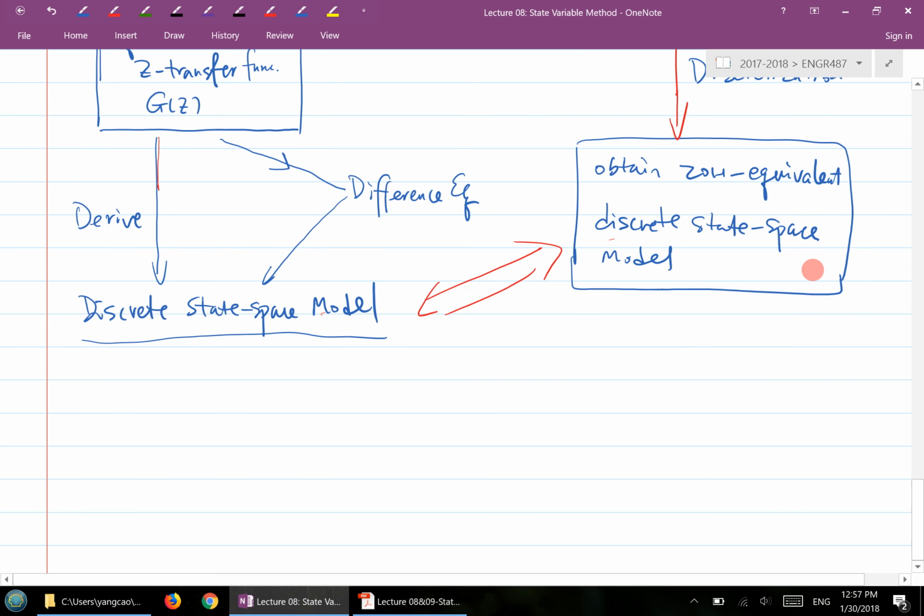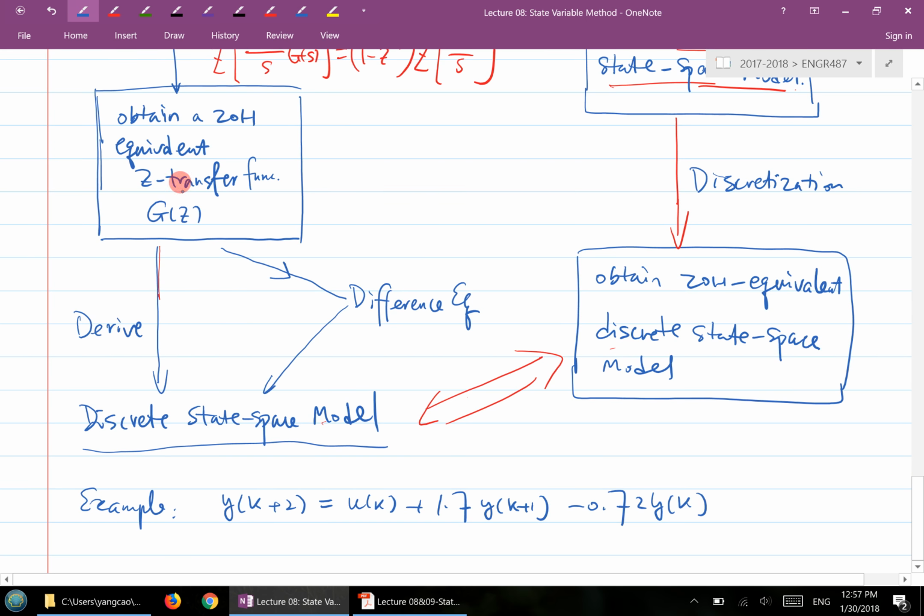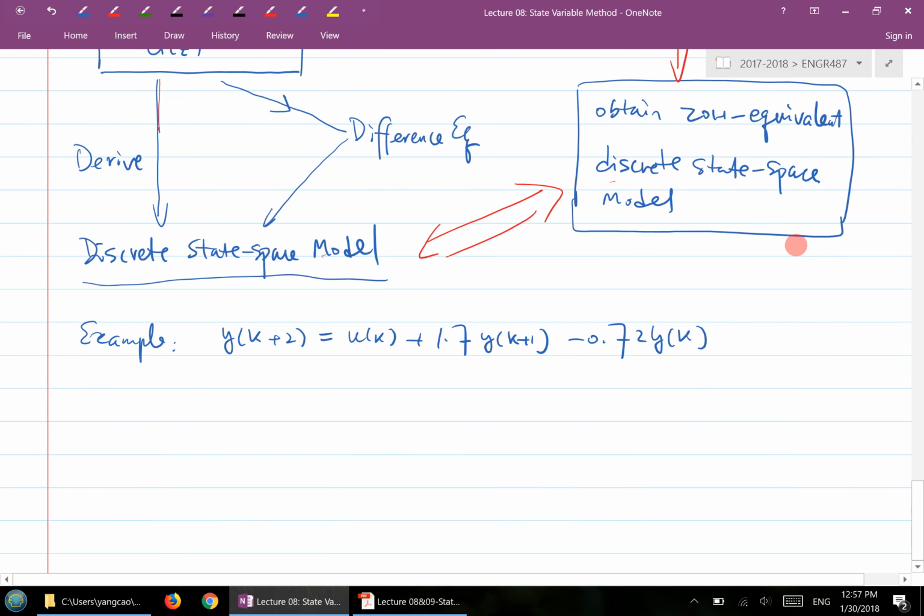Just imagine in your head that this difference equation was somehow obtained through this G of Z here.